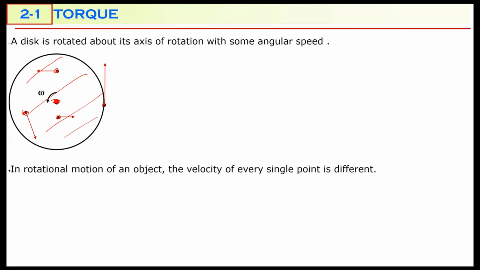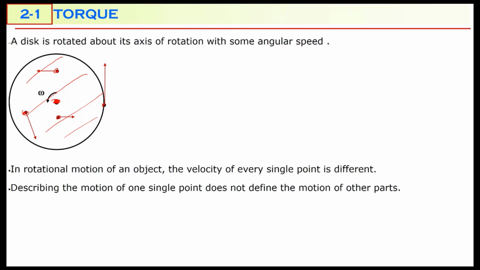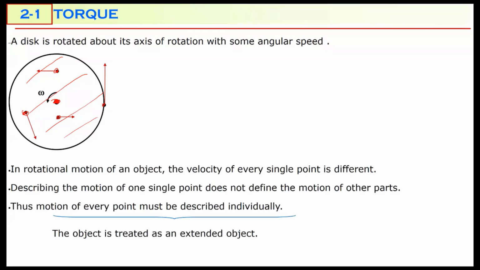You have to study every single point on this object individually. Describing the motion of one single point does not define the motion of other parts. So the motion of every point must be described individually.